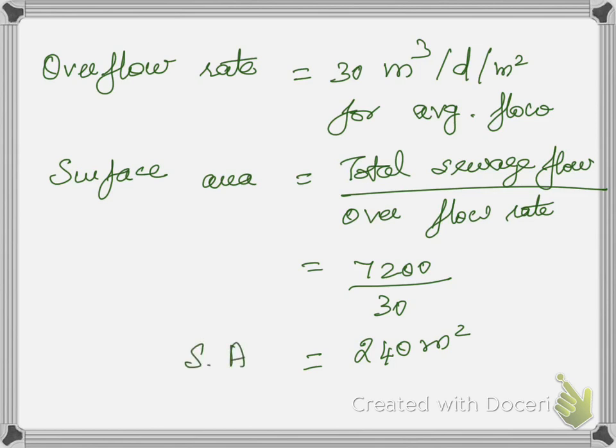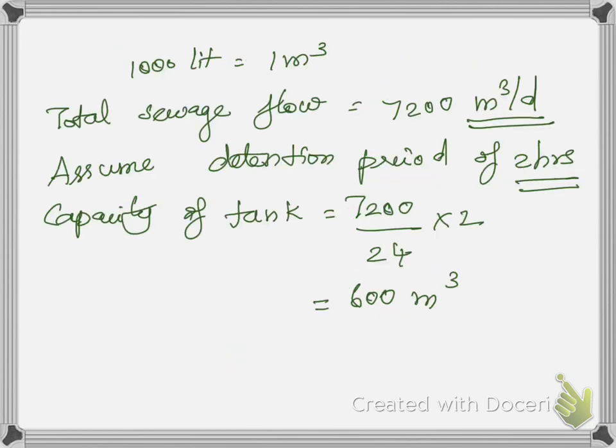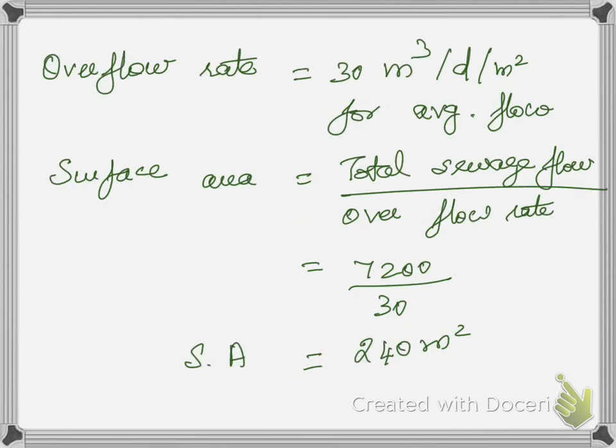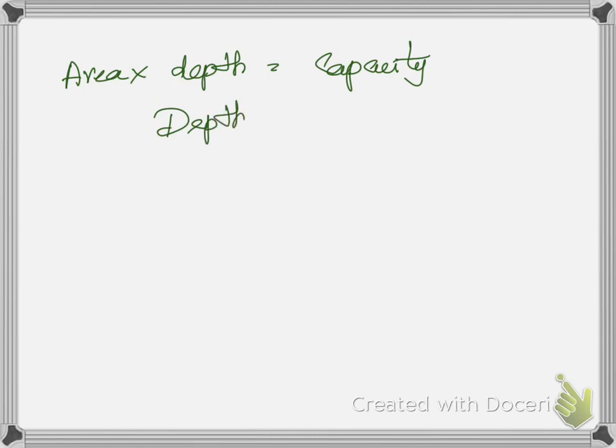Okay, now I know my capacity of the tank, which has already been calculated as 600 meter cube. I have calculated my area also, so easily I can calculate my effective depth. Area into depth is capacity, so depth, or effective depth, is equal to capacity by area.